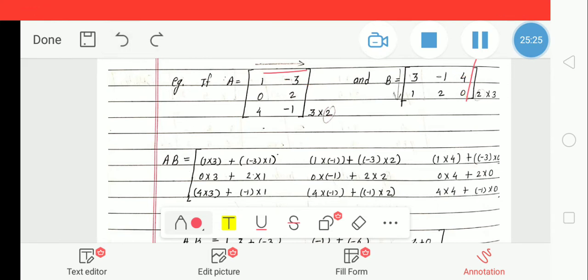Now we take the second row and first column, 0 multiplied by 3, 2 multiplied by 1 here.